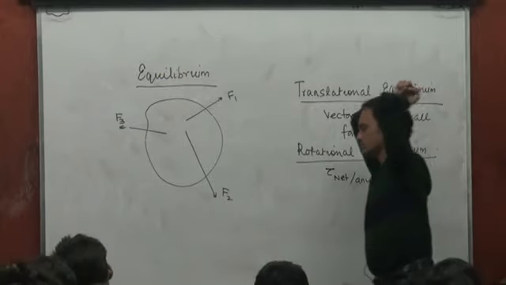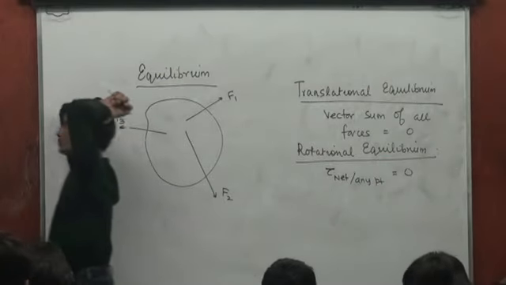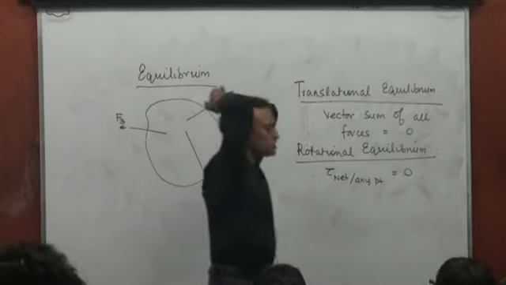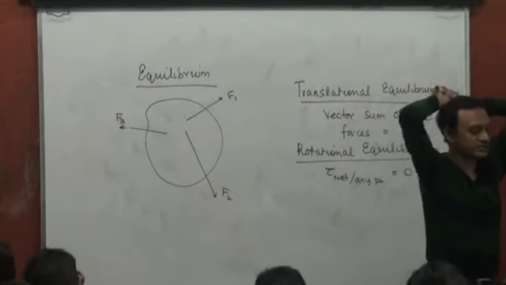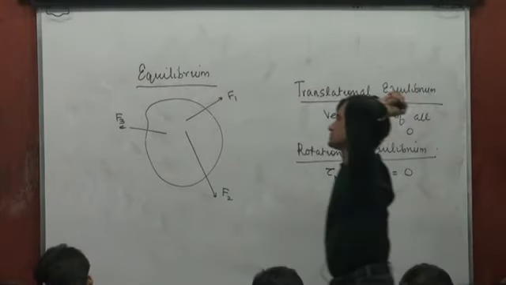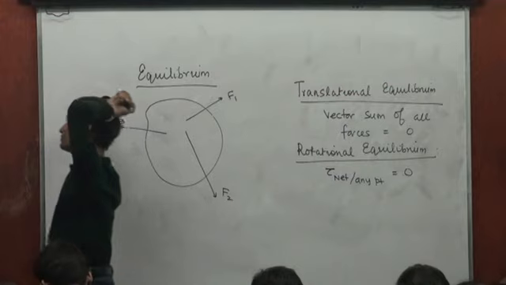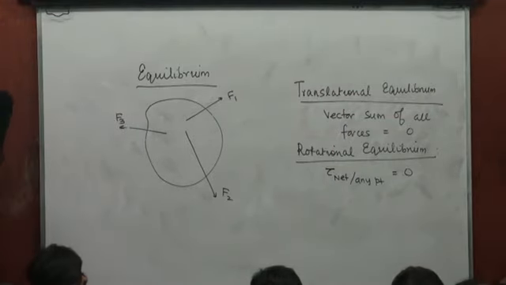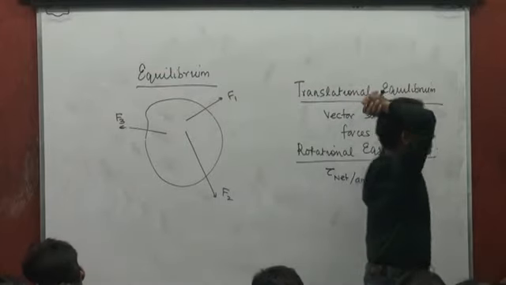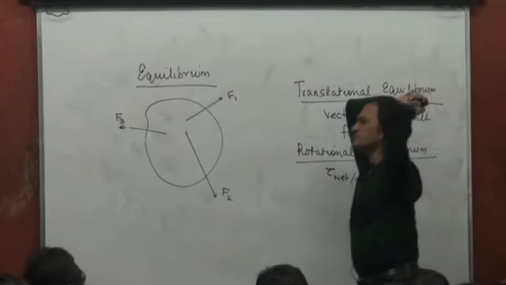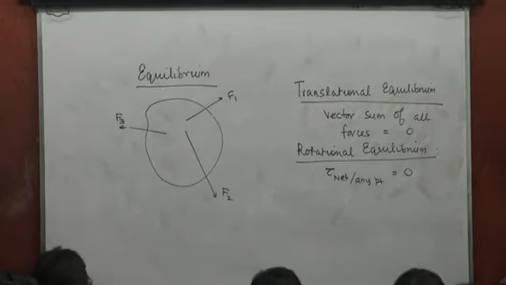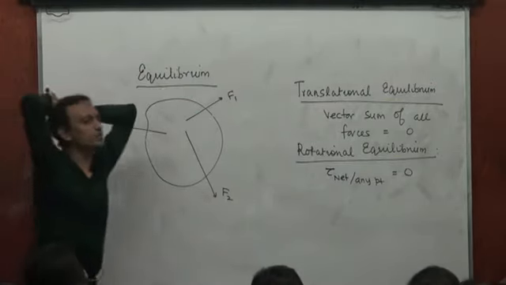Also write down, taking torques about different points will produce different levels of algebraic convenience.